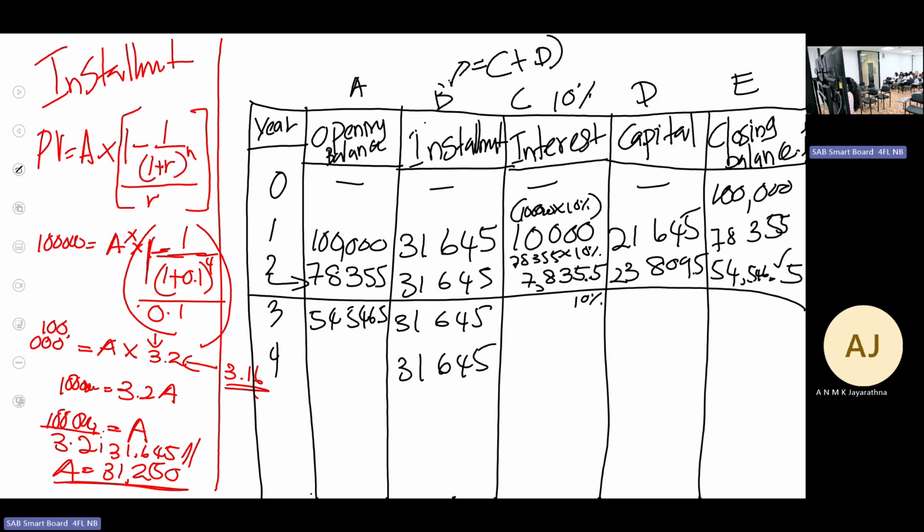What is the answer? 5,454. Deduct the interest from the installment and have the capital.